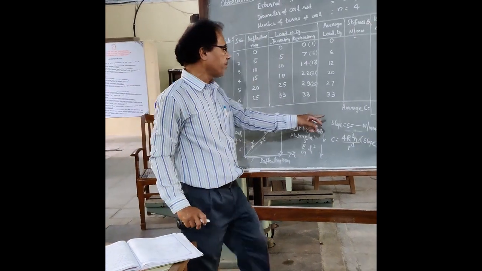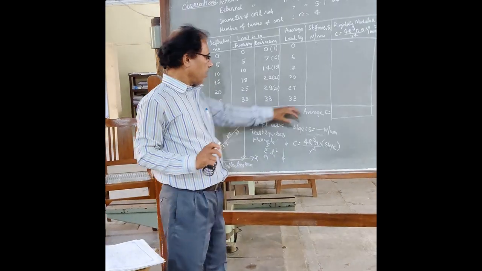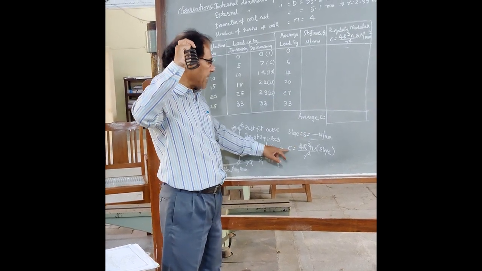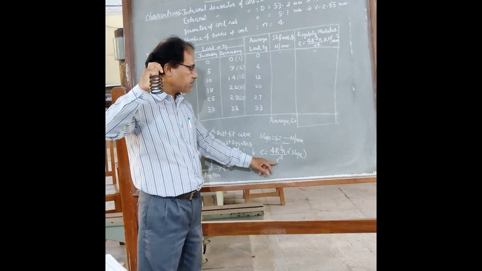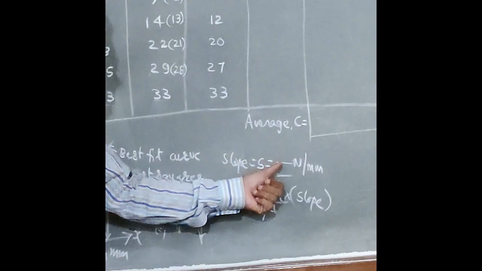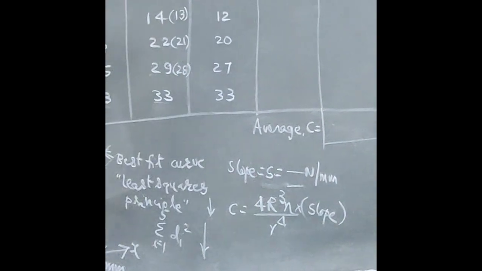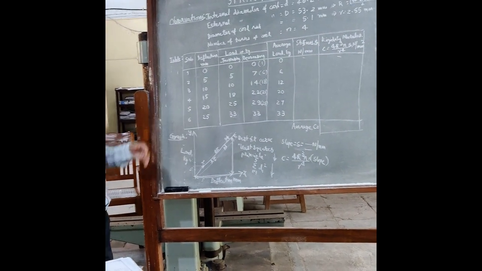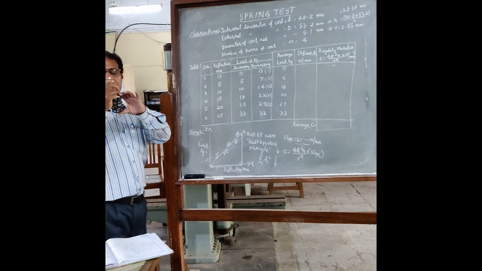Once I get this slope, you substitute into the formula to get the modulus of rigidity of this spring as 4 N R cube divided by small r to the power 4 multiplied by this slope, which is the stiffness.